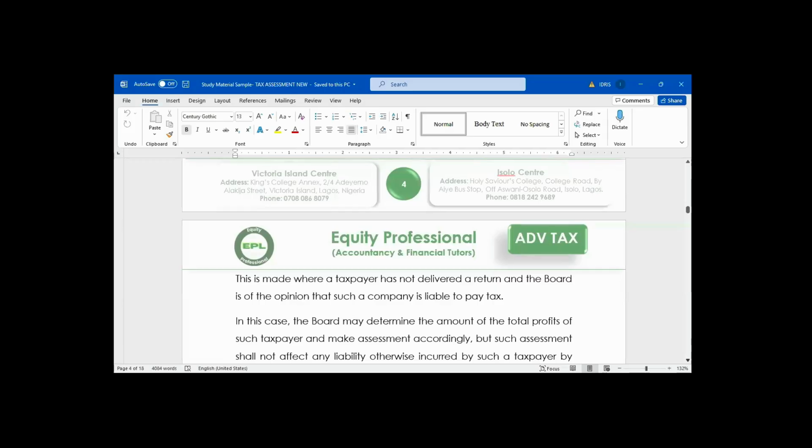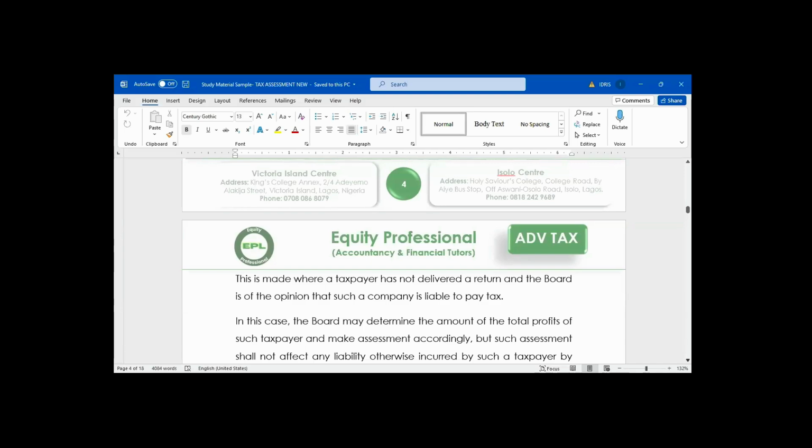Take for instance, I want to pay tax for the 2025 accounting year end. The tax authority can say, since your audited account for year 2025 is yet to be ready, go and pay the amount you paid in 2024 audited account as tax first. So provisional assessment is made when the taxpayer has not delivered a return to the tax authority, and it is the opinion that such company is liable to tax.